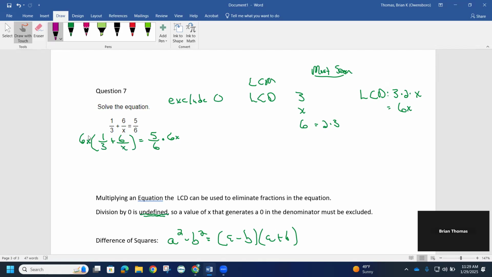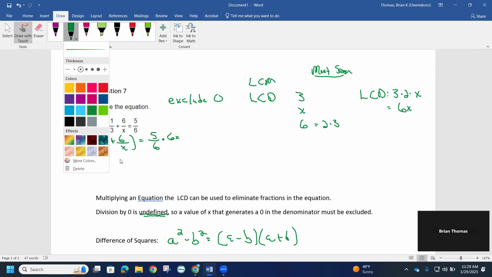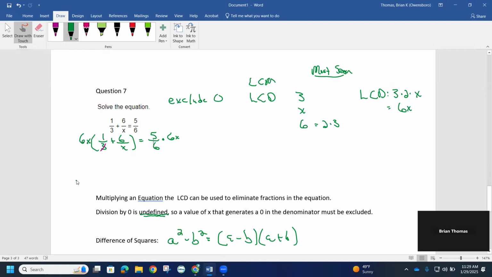When I multiply this 6x through, the 3 is going to cancel the 3 here and make this a 2. 2x times 1 would be just 2x.